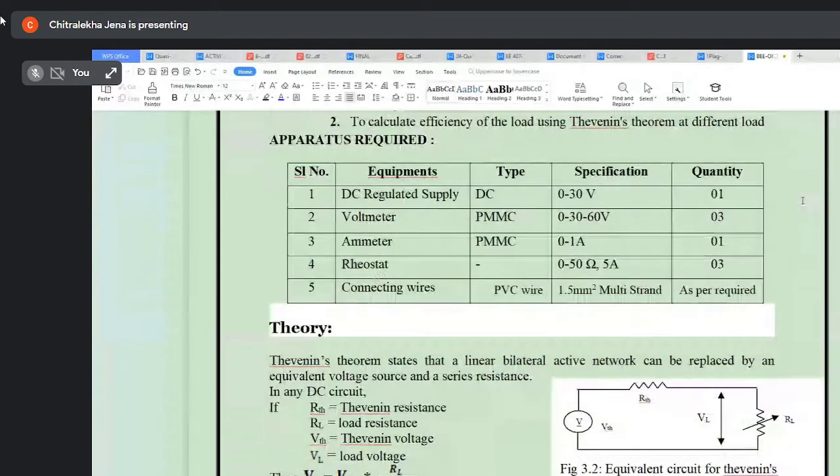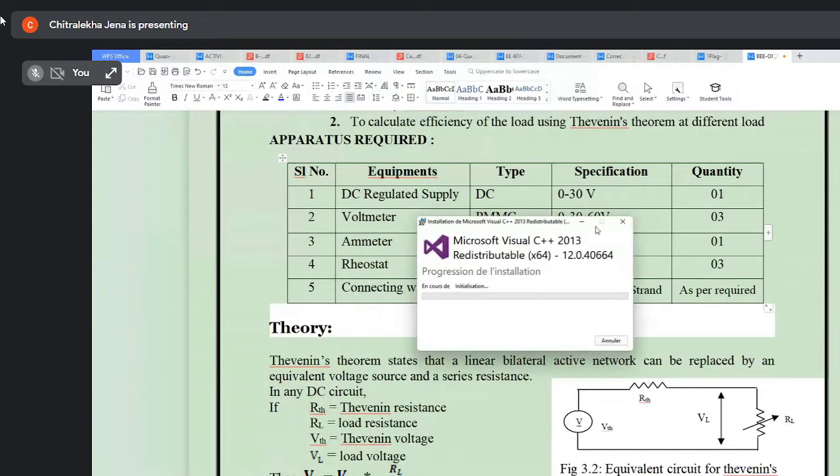You will be using all these types of equipment when the experiment is performed offline, or in the offline video which you will see. The equipments we are using are DC regulated supply, voltmeter, ammeter, rheostat, connecting wires.